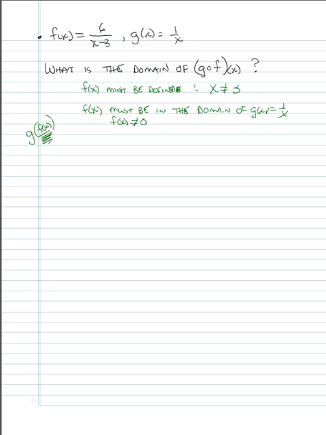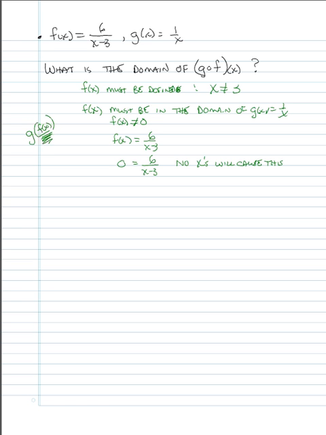Well, then what causes f of x to be 0? Well, in this case, since f of x is 6 over x minus 3, is there any value of x that causes 6 over x minus 3 to be 0? And no x's will cause this. And how do I know that?